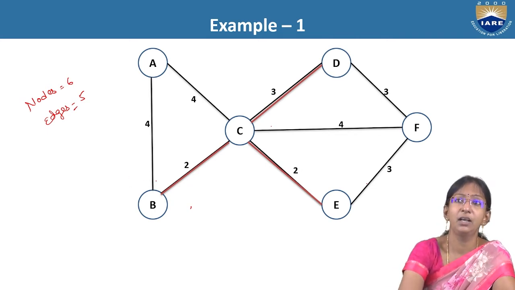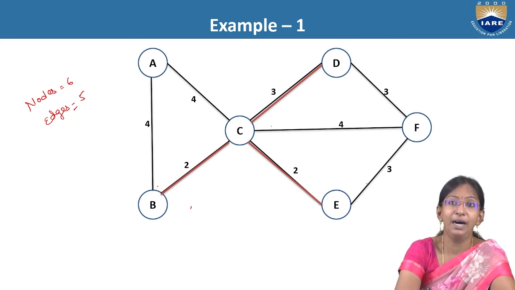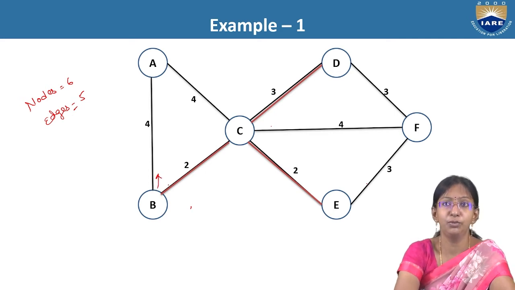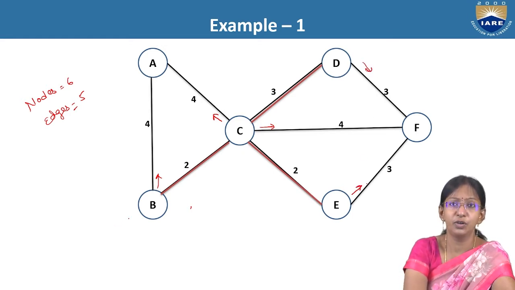Connected ones. Again, now D has joined the party. So I have an edge from B to A, C to A, C to F, E to F, and D to F. These are all the edges which are yet to be included if required.